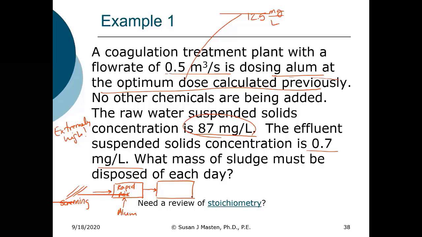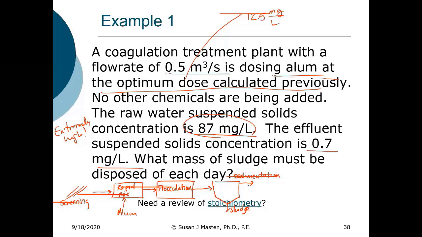In the next unit process, we want to slowly mix to allow these particles to come together and to aggregate. So we want to produce bigger particles. Flocculation. So we've produced bigger particles. Now, what's the next process? Sedimentation. That's where we're going to produce the sludge.